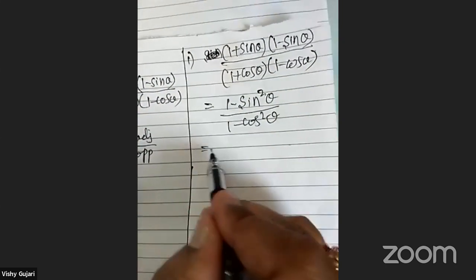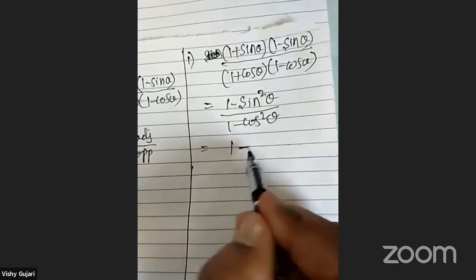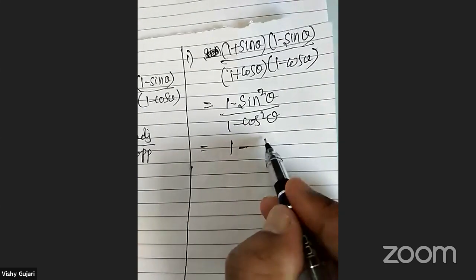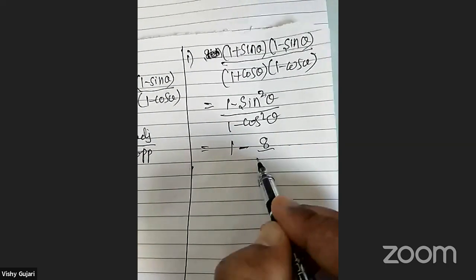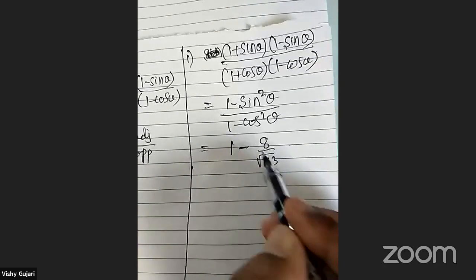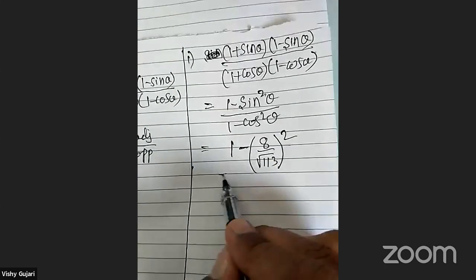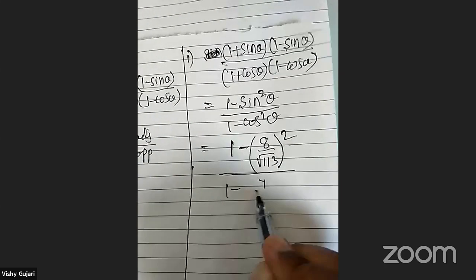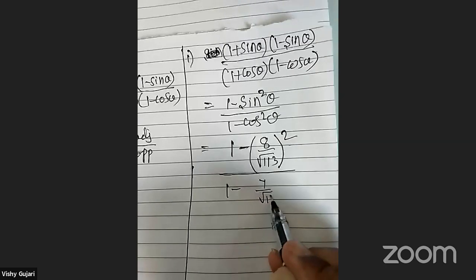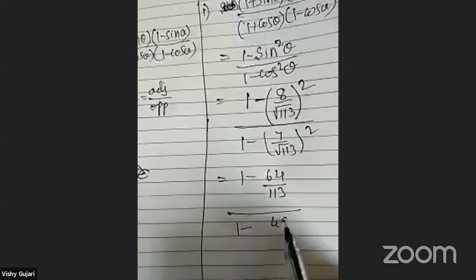That is equal to 1 minus (8 by root 113) whole square, because 1 square is 1 only, divided by 1 minus (7 by root 113) whole square, that is equal to 1 minus 64 by 113 divided by 1 minus 49 by 113.